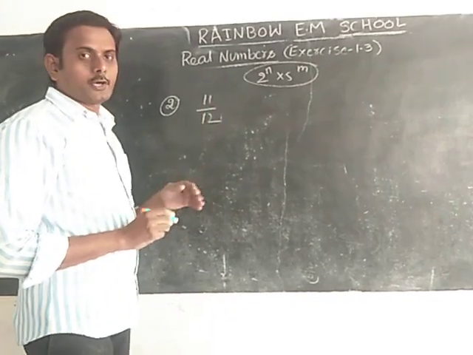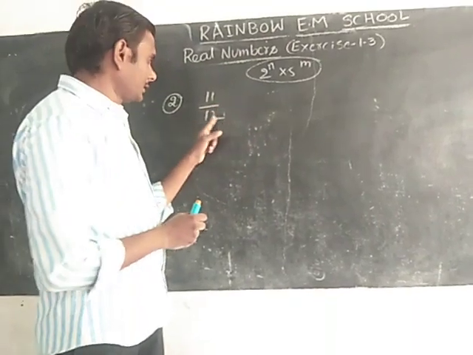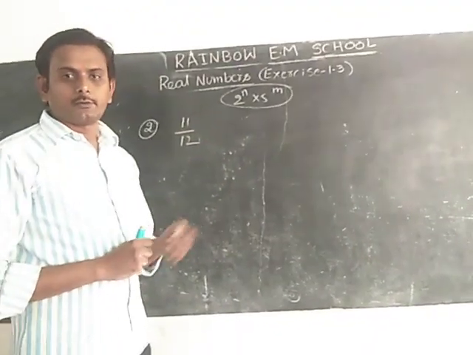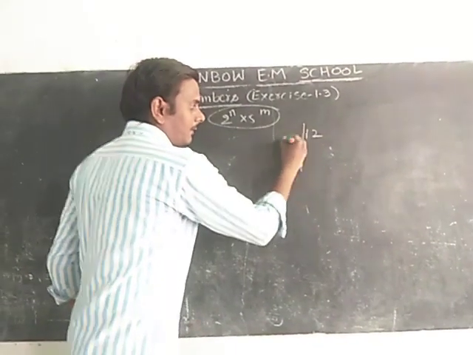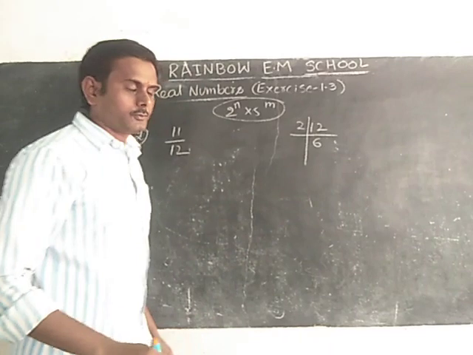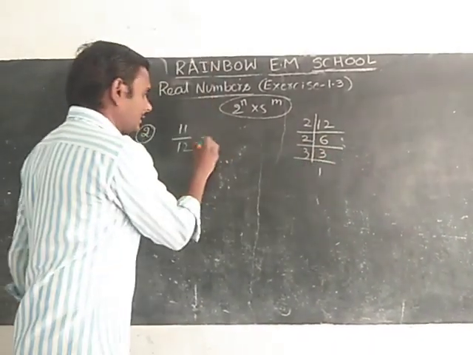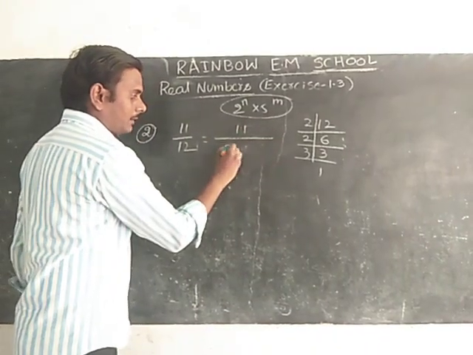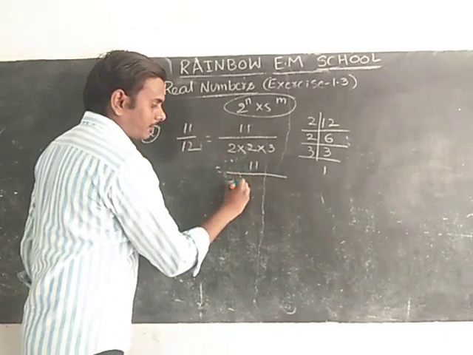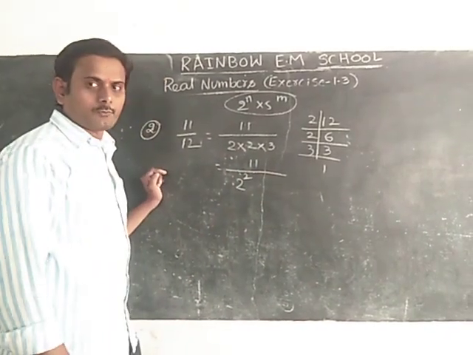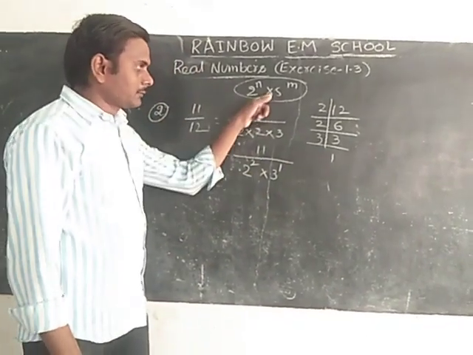If you want to identify terminating or non-terminating, first write the prime factorization for the 12. 2 6s are 12, 2 3s are 6, 3 1s are 3. That means we can write 11 by 2 multiply 2 multiply 3. Then 2 is repeating twice, so we can write exponential form 2 power 2, and 3 is repeating one time only, 3 power 1. Is it in this form or not?